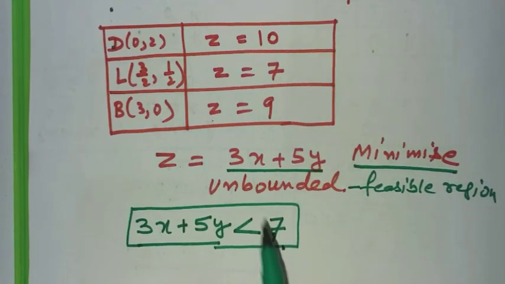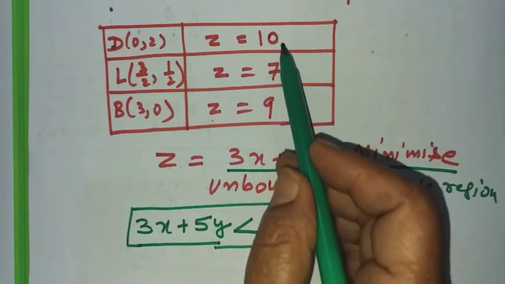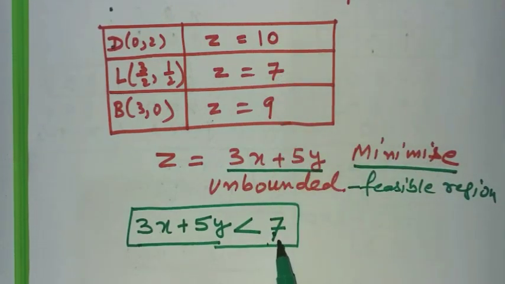Minimum out of 10, 7 and 9 was 7, so I wrote here 7. In case you have to maximize the function, I would have written the maximum value by putting the greater than sign. So in the minimize case, this is going to be my new inequality.